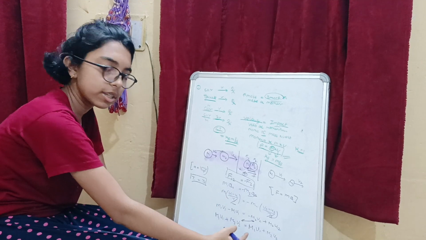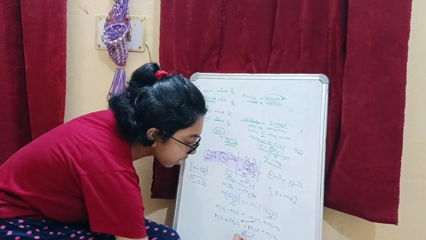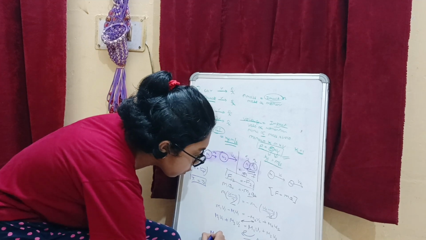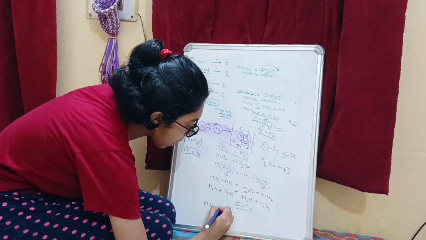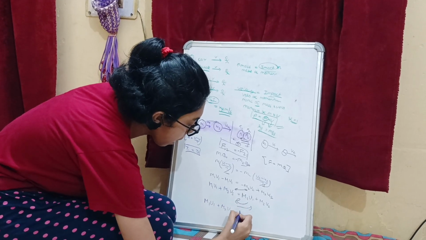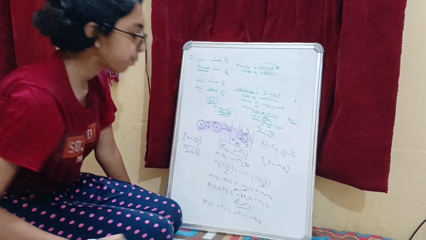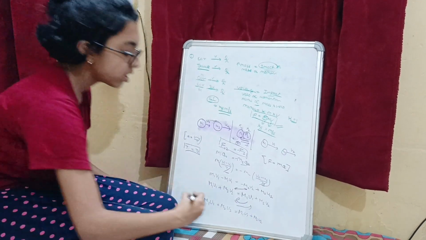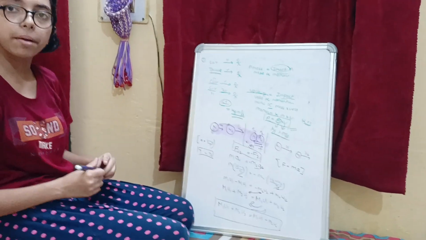LHS is equal to RHS and RHS is equal to LHS, so we will move it here and here. So it will be m1 u1 plus m2 u2 is equal to m1 v1 plus m2 v2. So this is the formula of conservation of momentum.